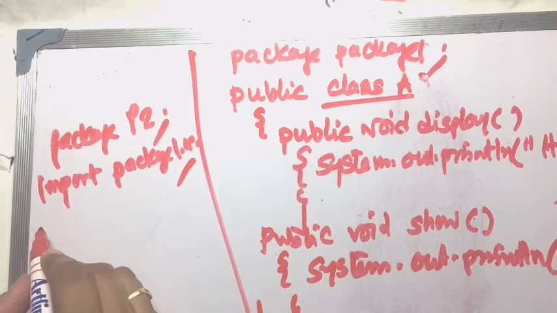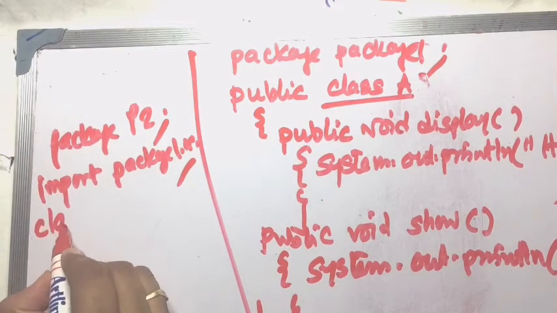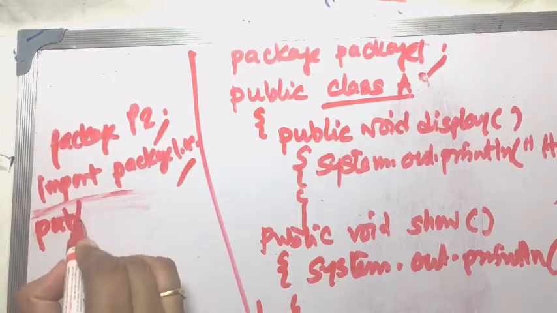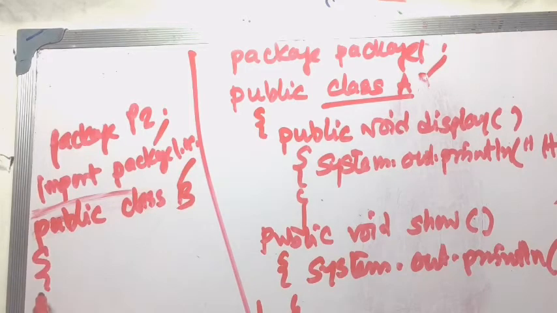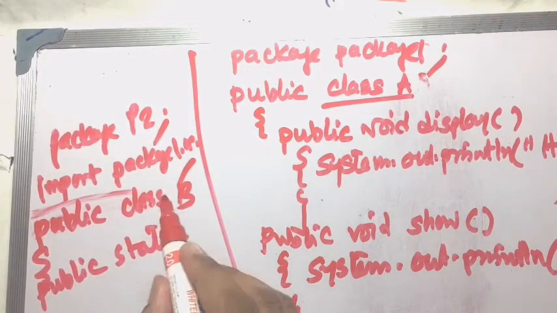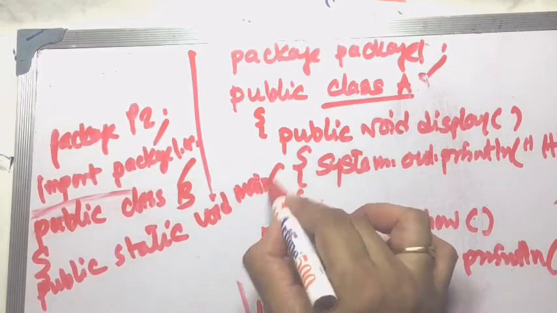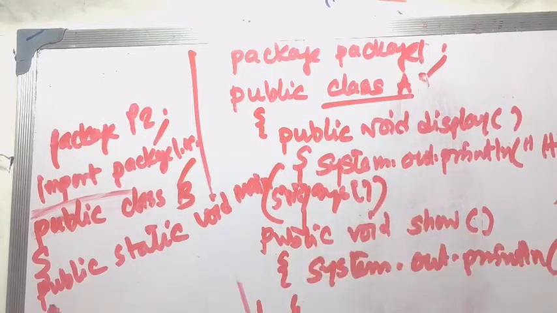Now the method can be accessed, so we need a class, public class B, and public static void main String args.